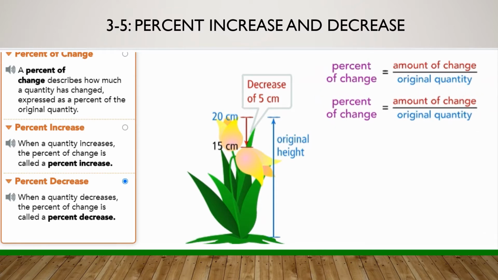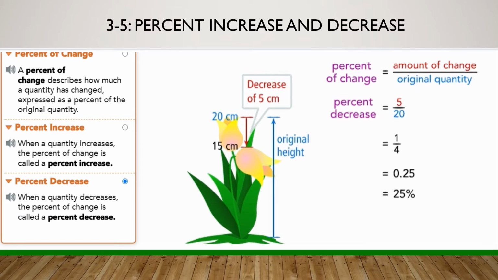In this case, the percent of change is a percent decrease. The amount of change is 5 centimeters, and the original quantity is 20 centimeters. Simplify the fraction to 1/4. The fraction equals 25 hundredths, or 25%. The height of the flower decreased by 25%.